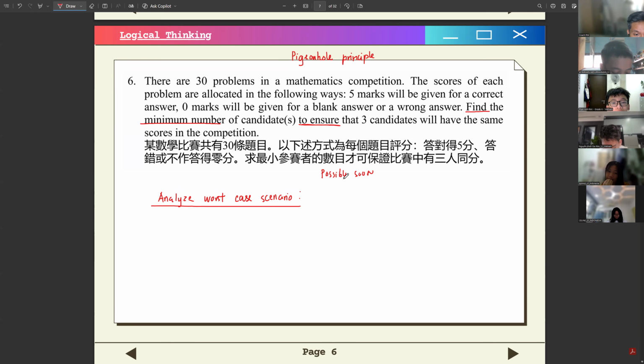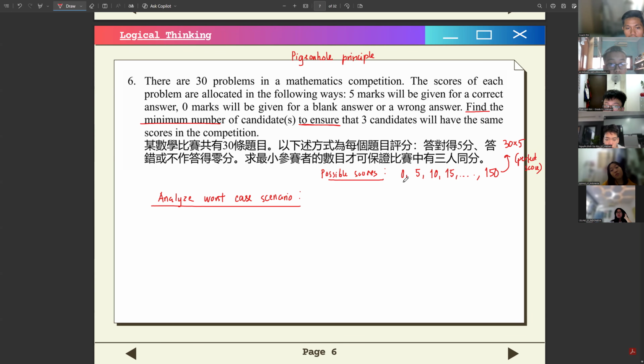Only multiples of 5, right? Because 5 marks for a correct answer, 0 for a blank or wrong answer. So if you have all the wrong answers, your score is 0, right? If you have only 1 correct, you have 5. If you have only 2 correct answers, you have 10, and so on. Until, if you have a perfect score, that's 30 times 5, right? 150. That's the maximum score that you can get. Perfect score.